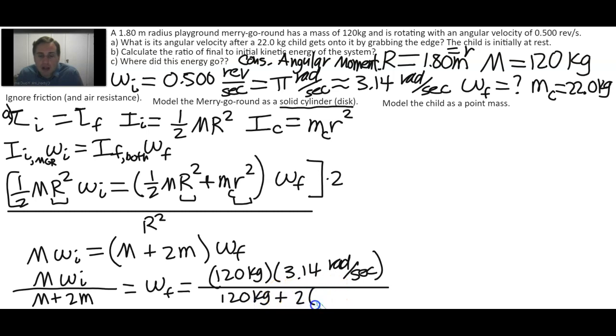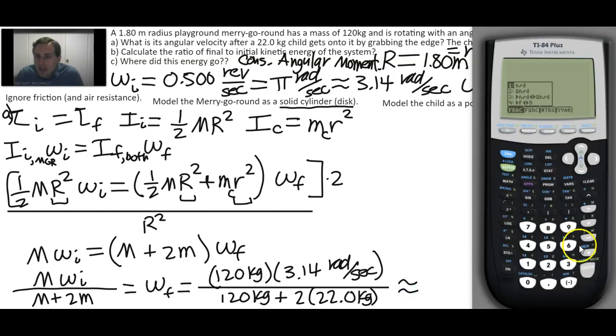We've got to do 2 times that. 2 times 22.0 kilograms. Okay, let's go ahead and get this number with the calculator. So, alpha fraction stack, numerator over denominator. 120 multiplied by 3.14, all divided by 120 plus 2 times 22.